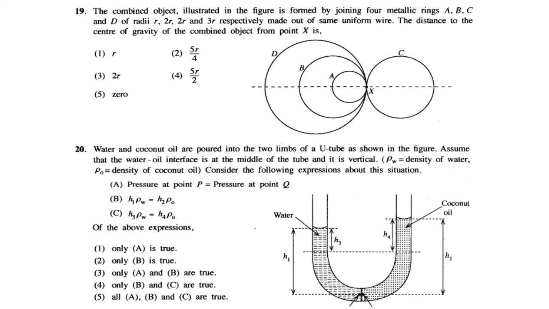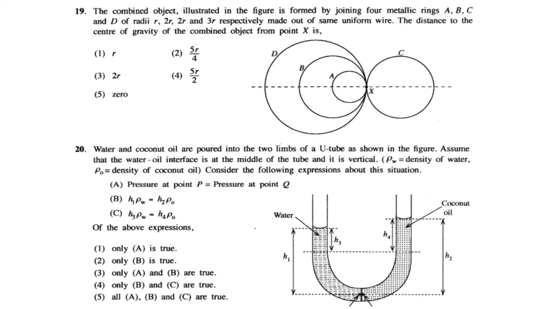Since all these rings are made of the same material, we can write mass is proportional to circumference. If the mass of A is m, then B is 2m, C is 2m, D is 3m. Weights of A is mg, B 2mg, C 2mg, D 3mg. When you look at the diagram, you can see B and C are identical.